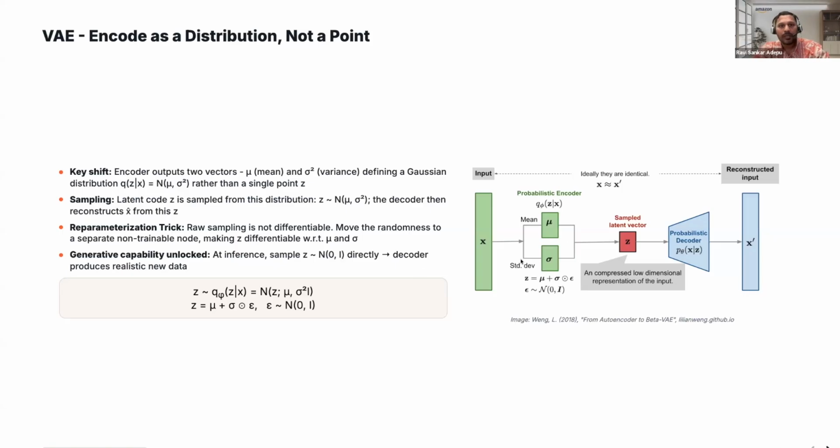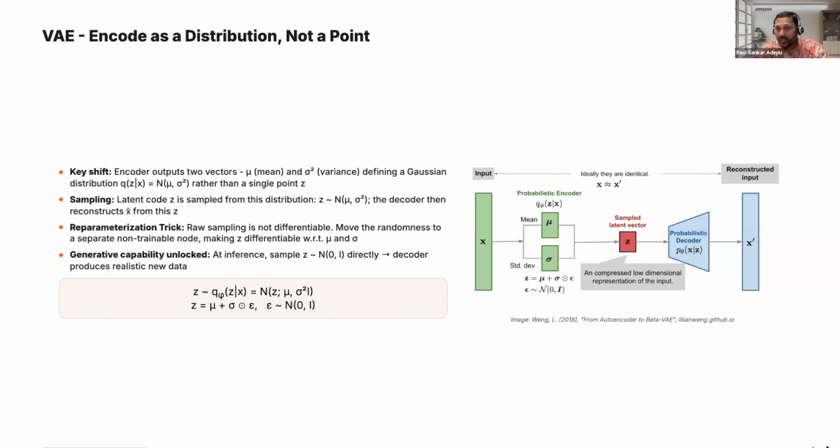But there's again a problem: when you sample something, you cannot backpropagate through a random draw. That's why people came up with the reparameterization trick, shown here, where instead of sampling z directly, we sample a standard normal epsilon and then compute z equals mu plus sigma times epsilon.